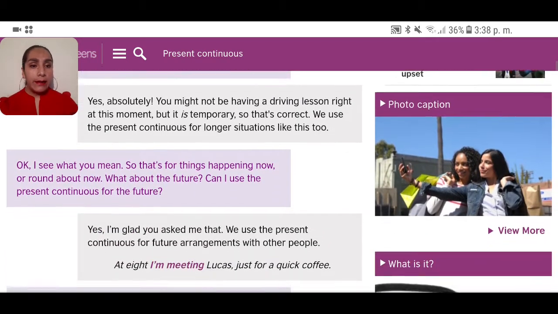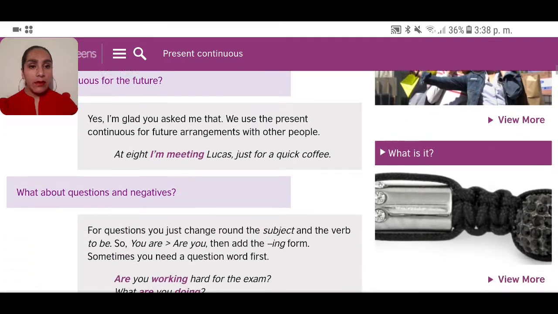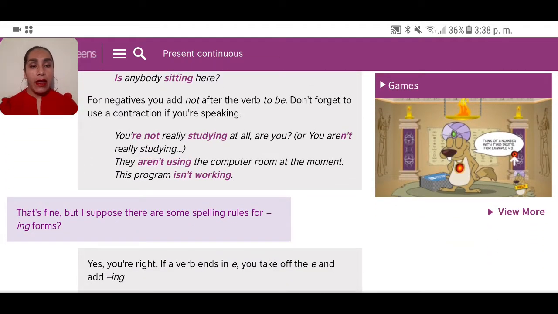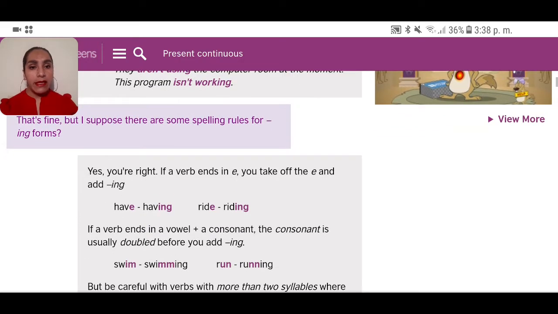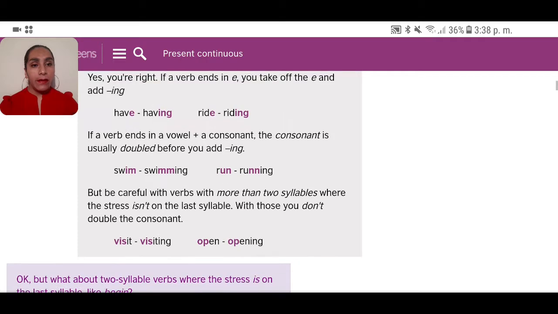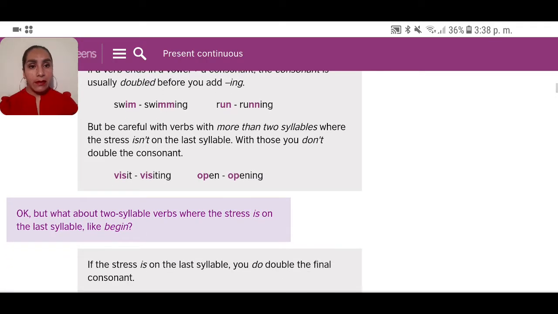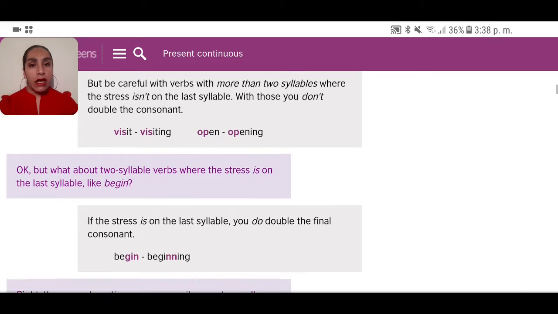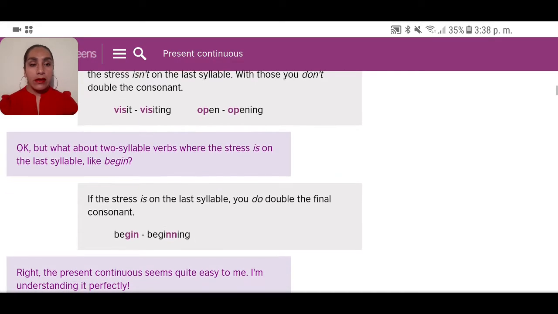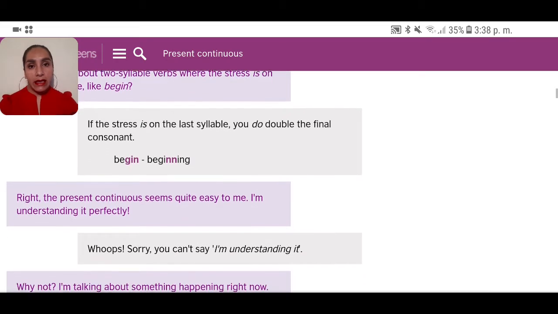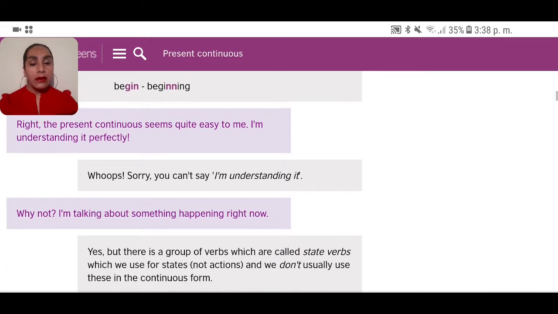Tienen ahí el tape script, todo lo que dicen, tienen una explicación de oraciones afirmativas, negativas, cómo estructurar los verbos con el ing. Eso también lo checamos la semana pasada, pero es importante que ustedes como alumnos autónomos también visiten otros recursos para que puedan solventar sus dudas y tengan mayor tiempo de práctica.